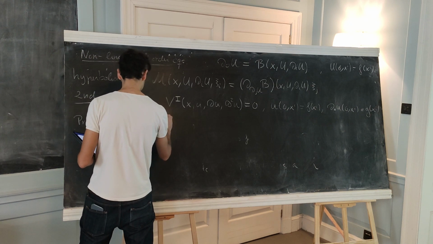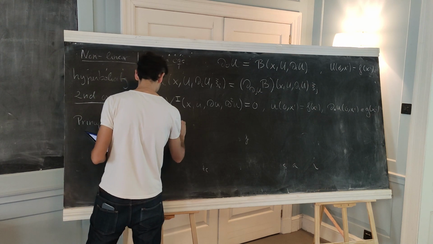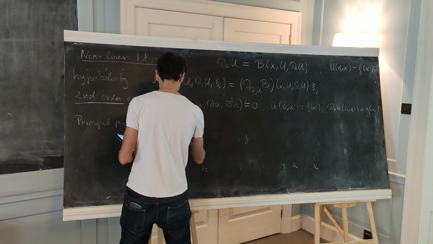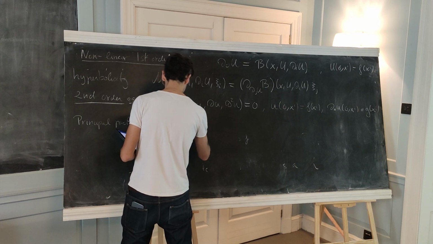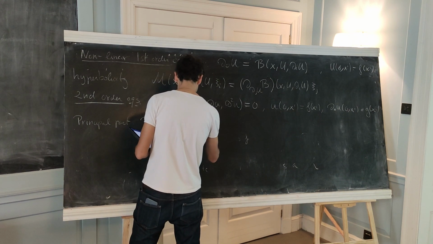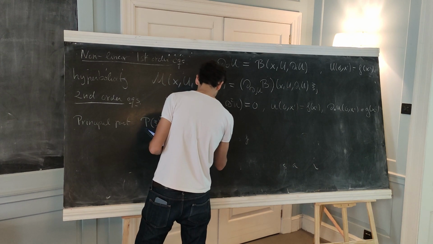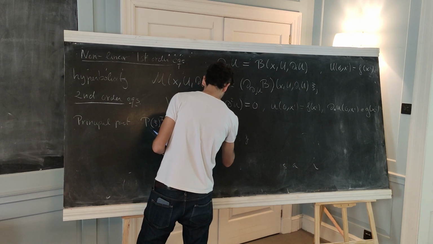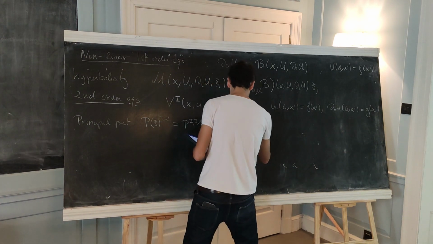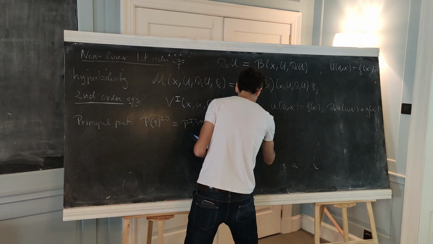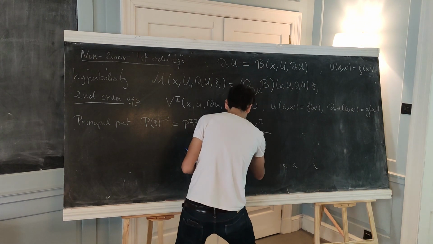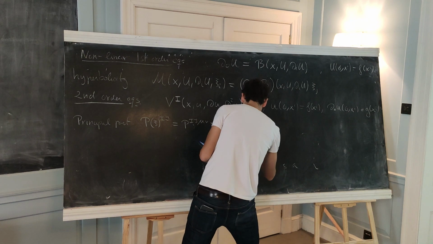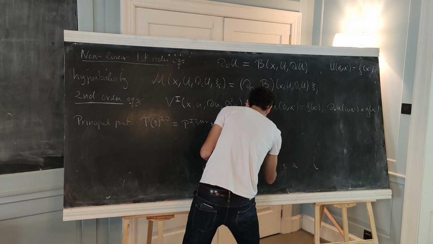And let me just write the indices i, j: P_ij^{mu nu} is the derivative of the equation with respect to the highest derivative terms, which are second order.